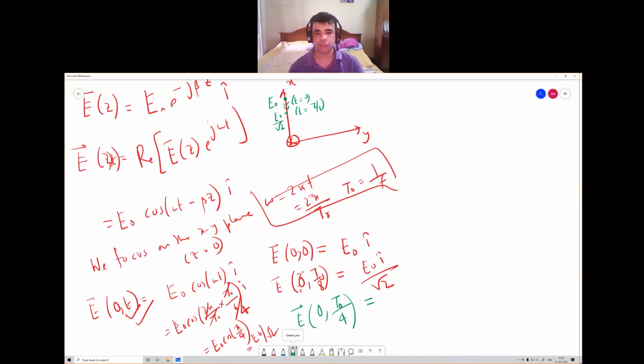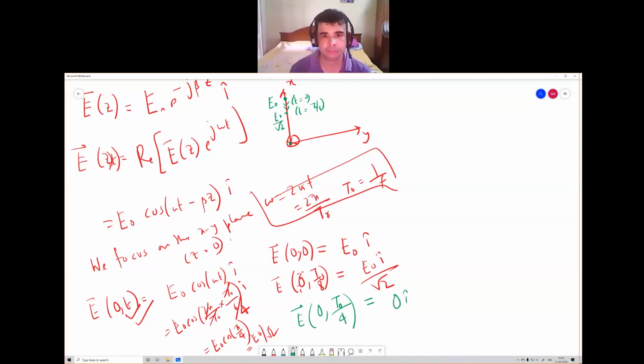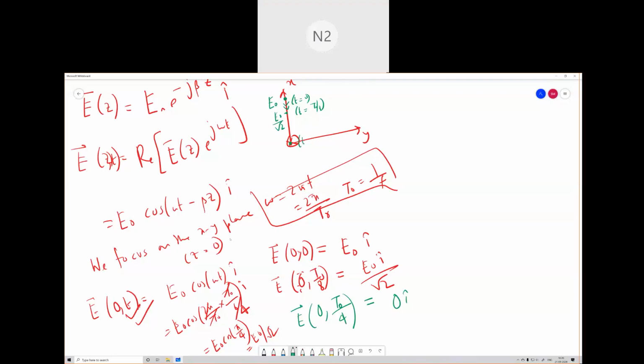What is the value of this vector? 0. So it will be here at the origin. Yes, sir.